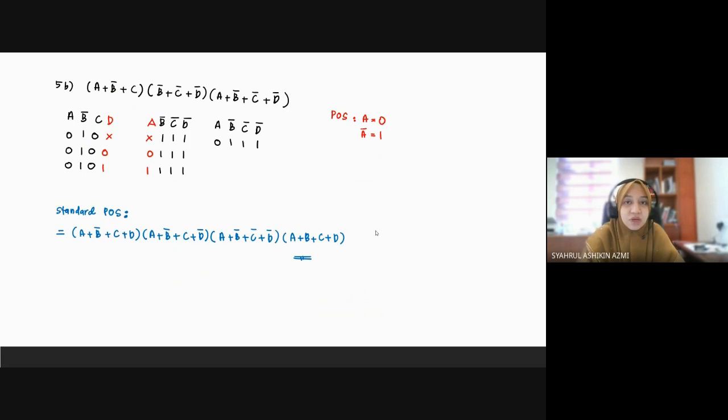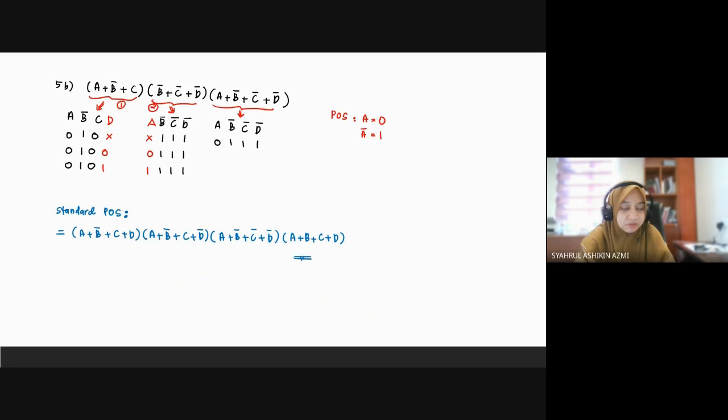Okay, now you have the standard POS expression. The same steps follow for 5B. So we have 3 variables here, and we need to find what the missing variables are, and then we can write up the POS expression. In this case it is A plus B bar plus C. We have missing D. The second variable here, okay, this is variable number 1.